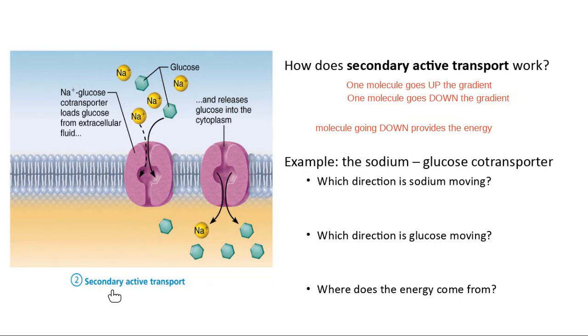Our example of secondary active transport is the sodium glucose cotransporter. That's another one that we want to make sure that we memorize. When we talk about the sodium glucose cotransporter, sodium and glucose are both moving into the cell.